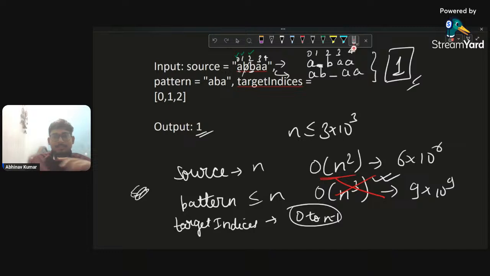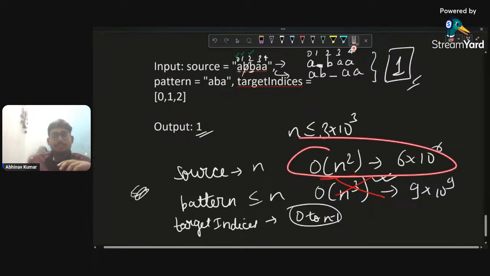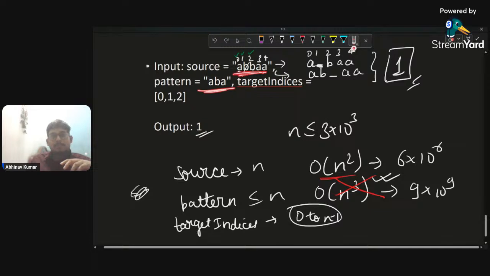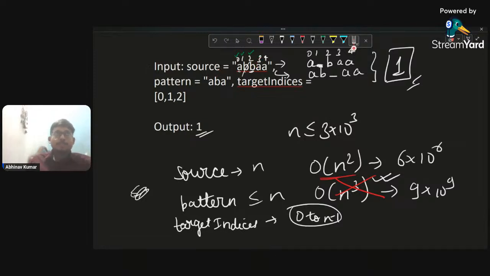With the constraints, if you can do something in O of n square, and you have a source and a pattern, source is of size n, pattern is at max n, so we can take a 2D DP of n into n, one denoting the indices in the source and one denoting the indices in the pattern. So I hope with the problem and constraints you would have got a feel that we can apply DP here. If you didn't get a feel, no problem, just try using DP.